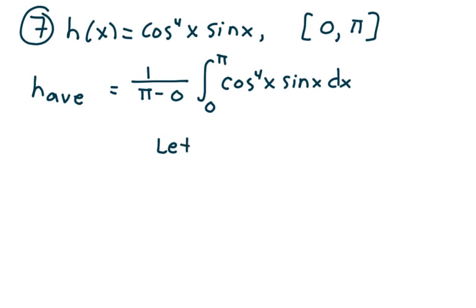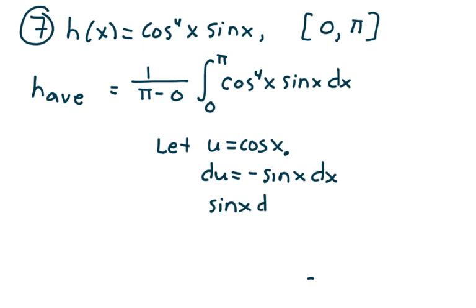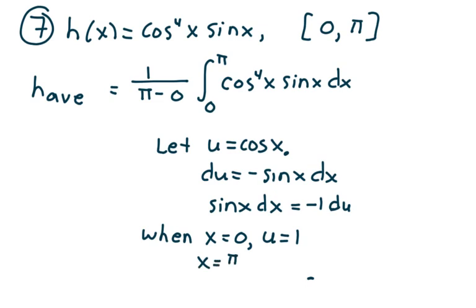So I'm going to let u be cosine x. du is negative sine x dx. So sine x dx is negative 1 du. Okay? Now, when x is 0, u is 1, and when x is pi, I'm plugging up here, u is negative 1.